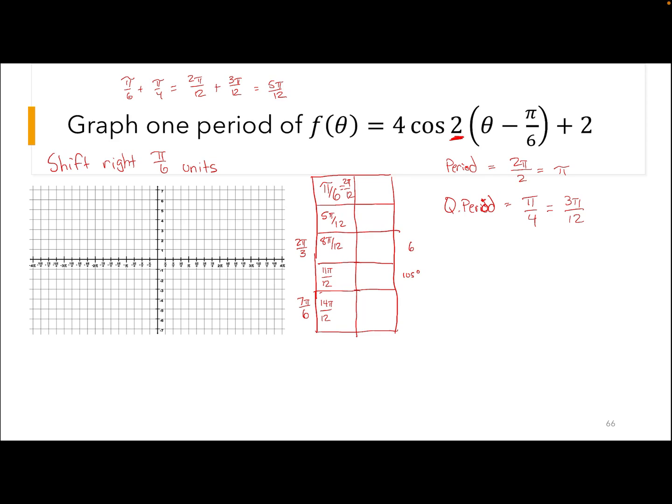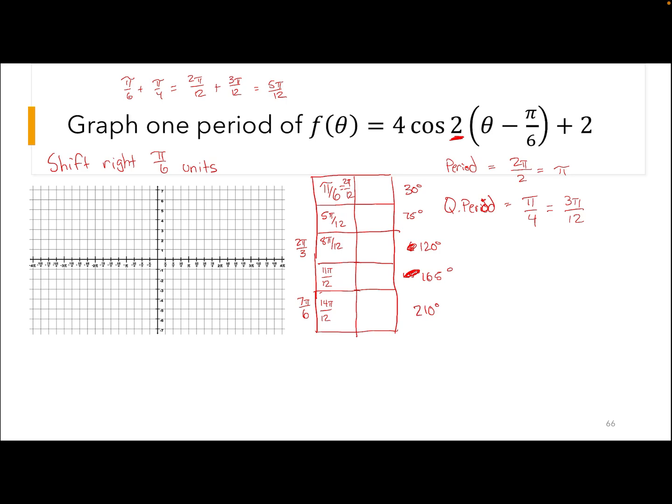We're starting out at 30 degrees. So we go from 30 to 75 degrees to 120 degrees to 165 degrees. And if we add 45 one more time, that is 210 degrees.